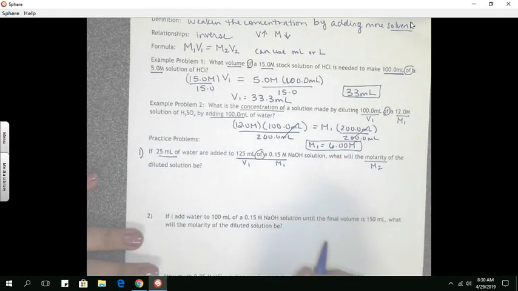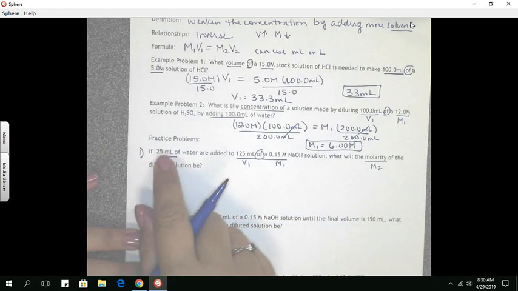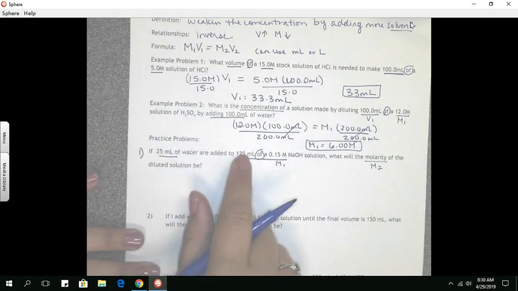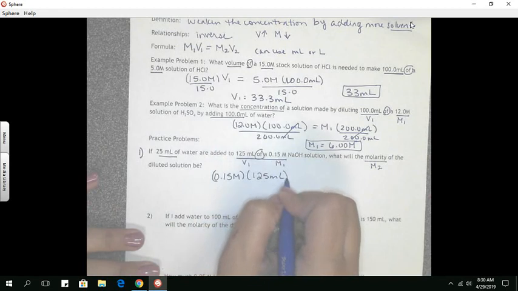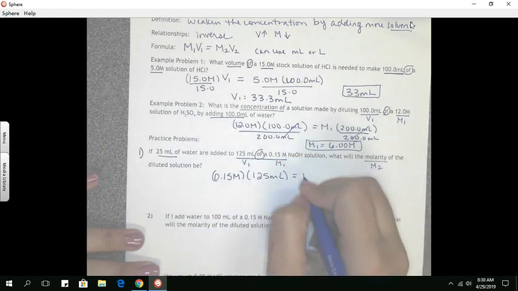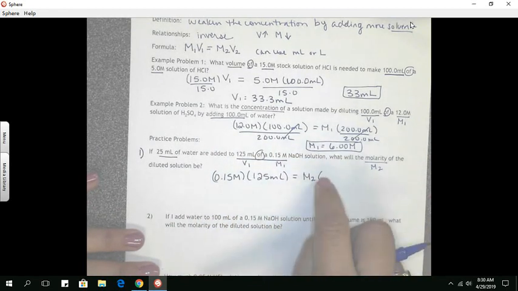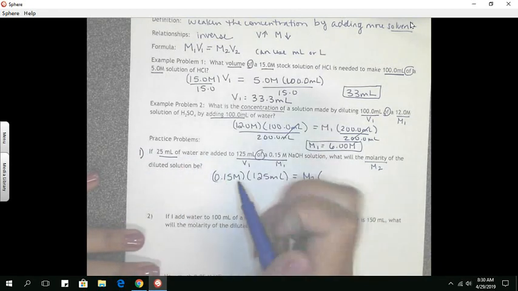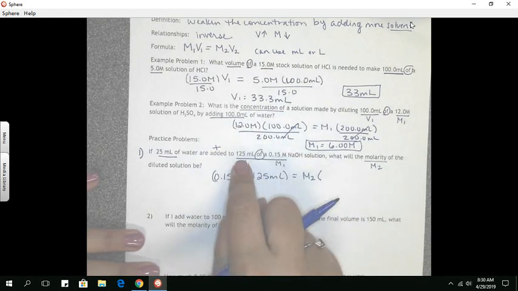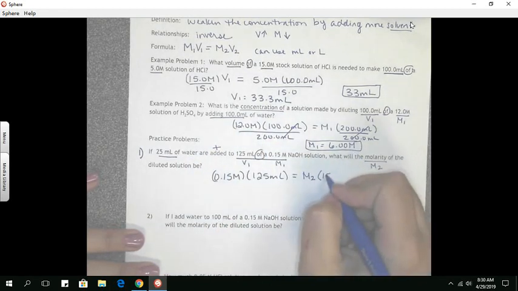Our final volume is not 25 though, because 25 was added to 125. Alright, so we have our 0.15 molar solution times 125 milliliters to start. That equals our new concentration times our final volume. Again, our final volume is 25 added to 125, so that makes it 150.